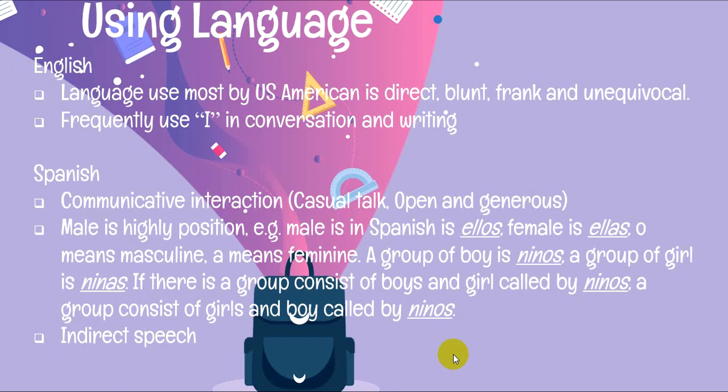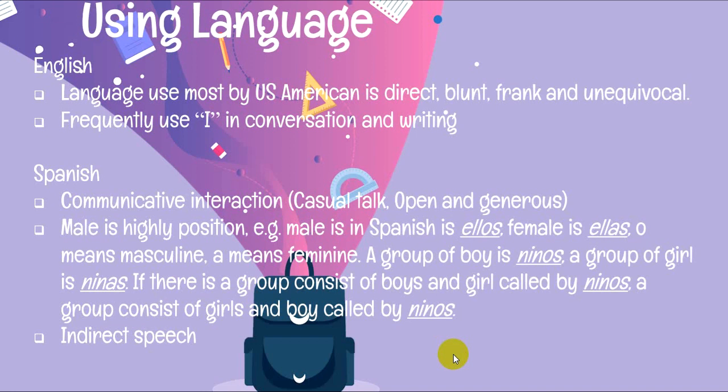The reason they use I in conversation and writing is that they avoid ambiguity and vagueness, and also they put themselves forward: I made this proposal for you.